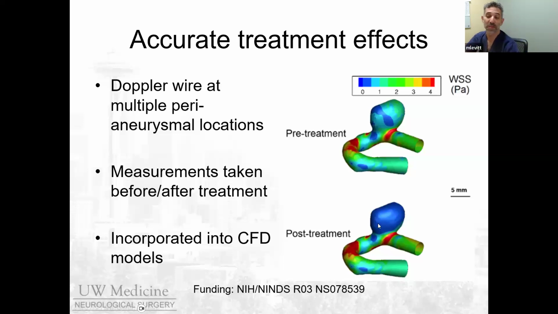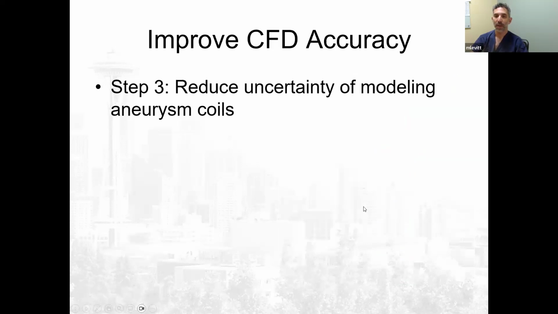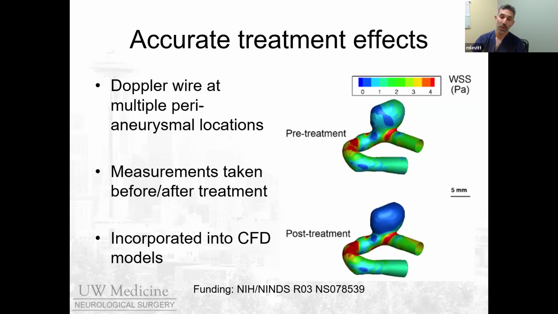Theoretically, that means that the aneurysm is going to go away. We're exploring whether this can predict outcomes. We're still in the process of that. There's an active grant going on to collect lots of patients and understand that.